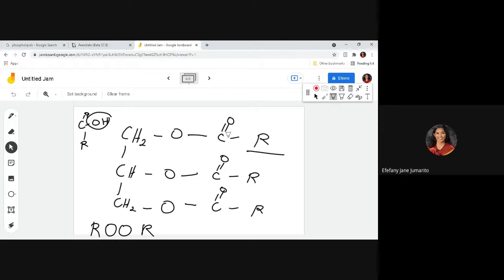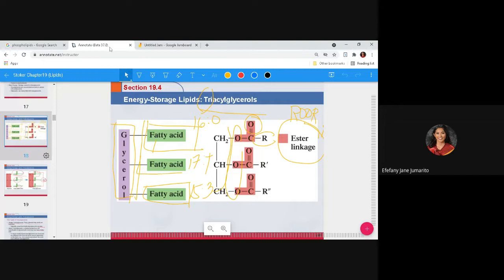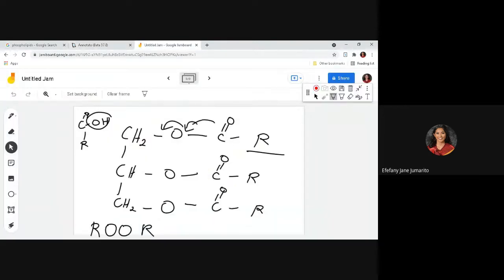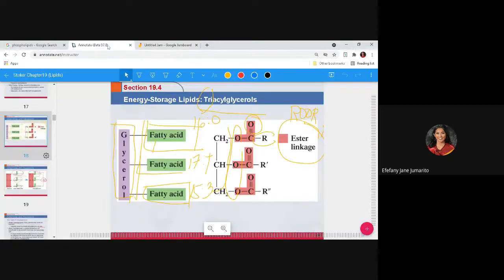So this linkage and this linkage form an ester linkage. An ester is ROOR. So that's why it's an ester linkage.